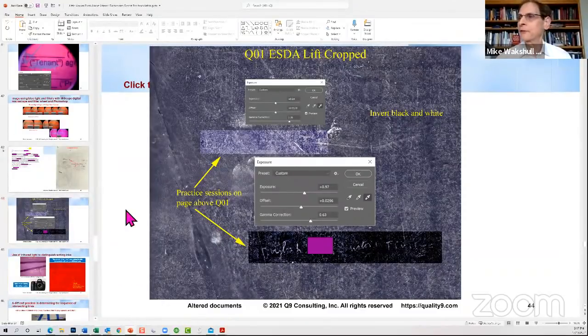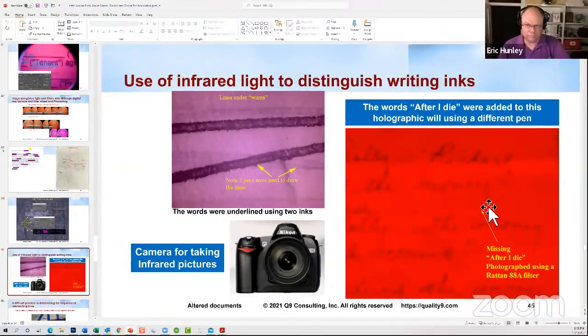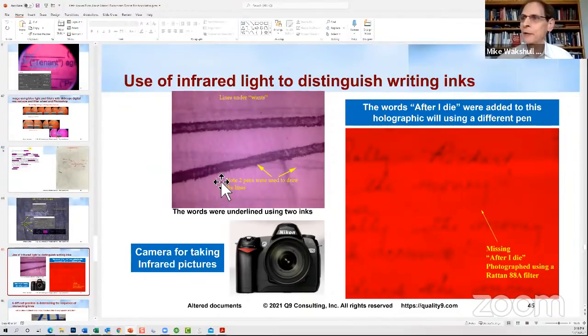And here's another example. We're using infrared. On the will, it says "after I die" right here. You don't see the words "after I die." No. You see multiple underlines. These were underlines of part of the writing on the will.